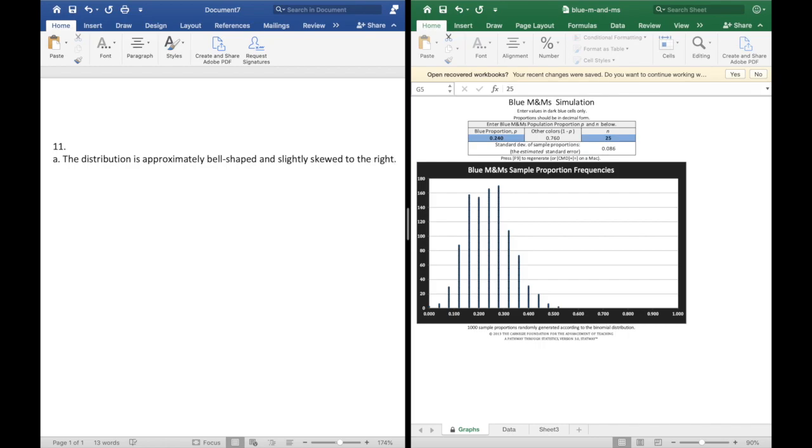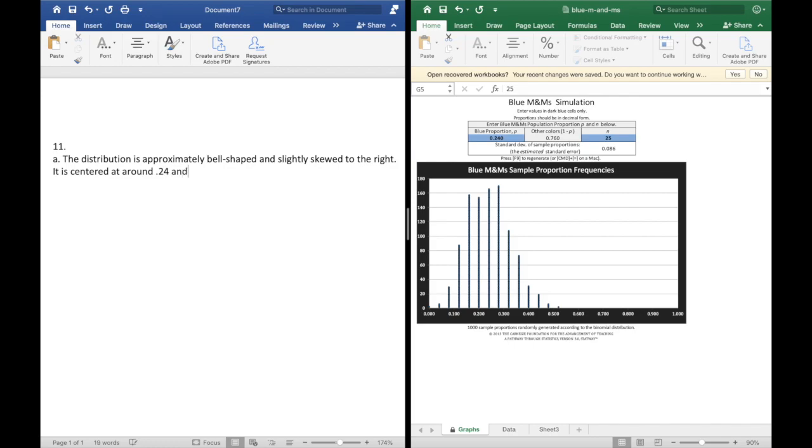It says describe the shape, so we can describe it further. It is centered at around, this middle looks to me at about 0.24, right? Right here, at around 0.24.